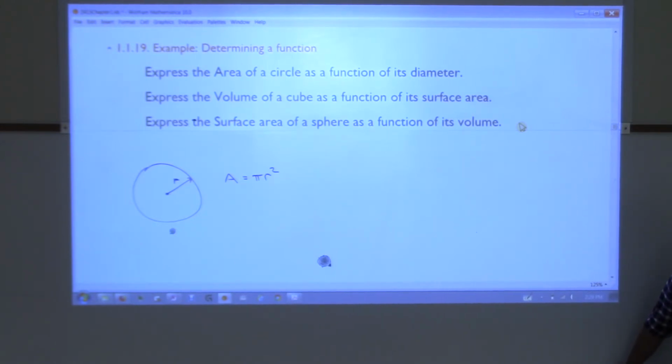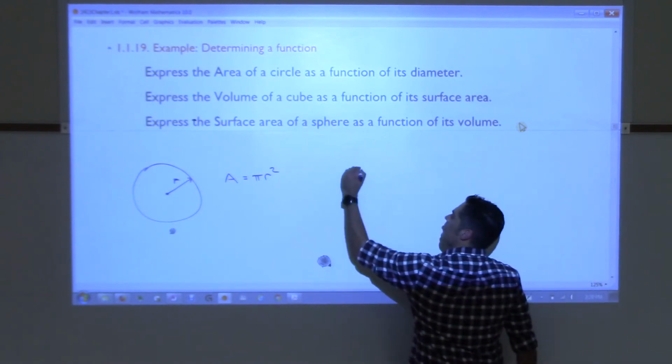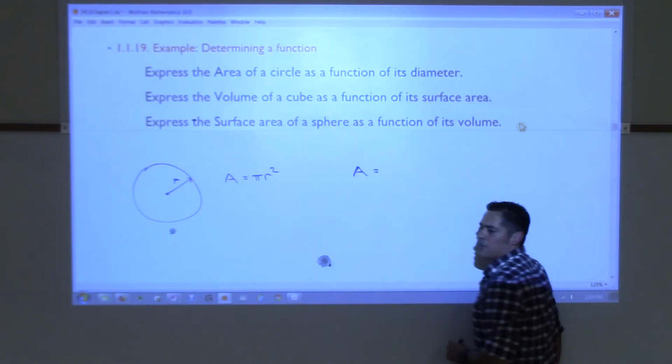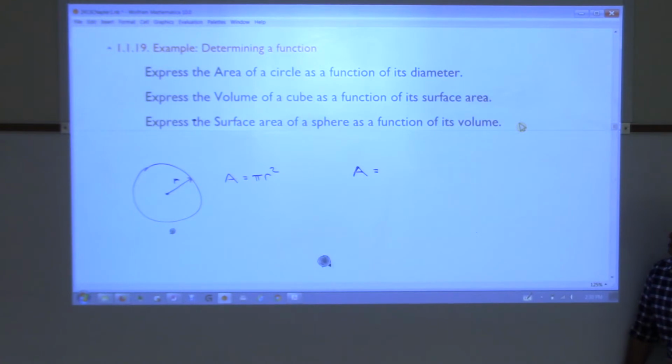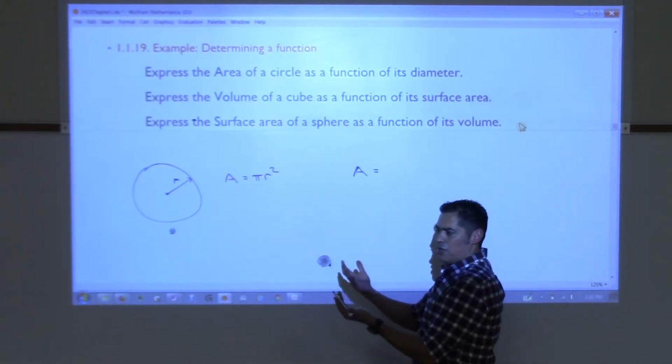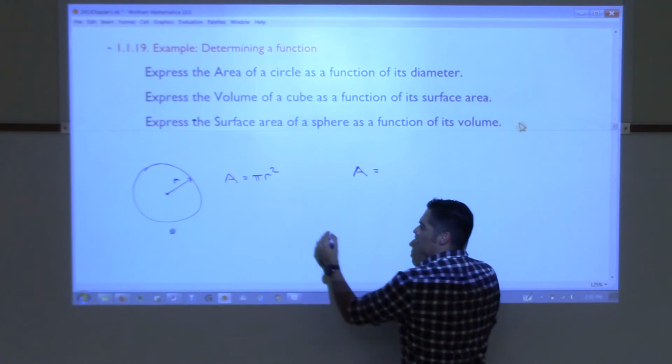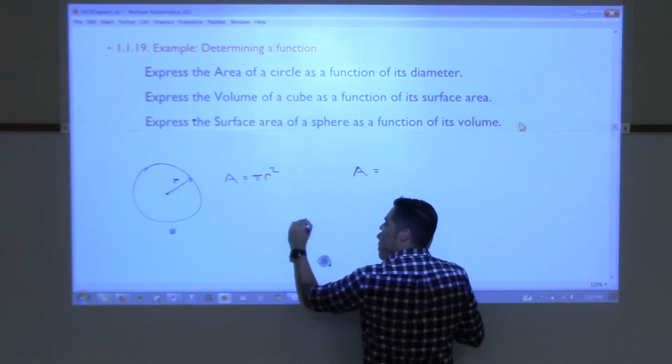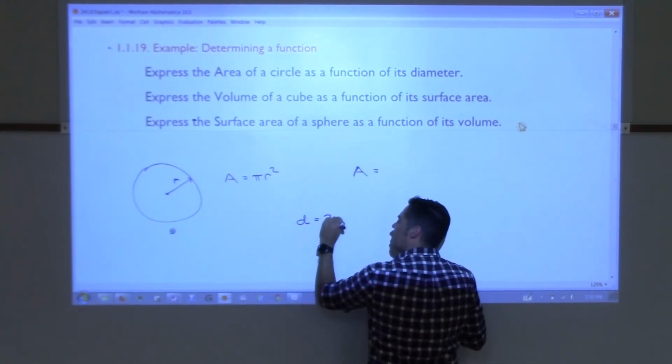So what can you do to make that area equation be a function of d, diameter, instead of radius? What do you have to do? Yeah, what's the relationship between radius and diameter? So we know that the diameter is twice the radius, yes?